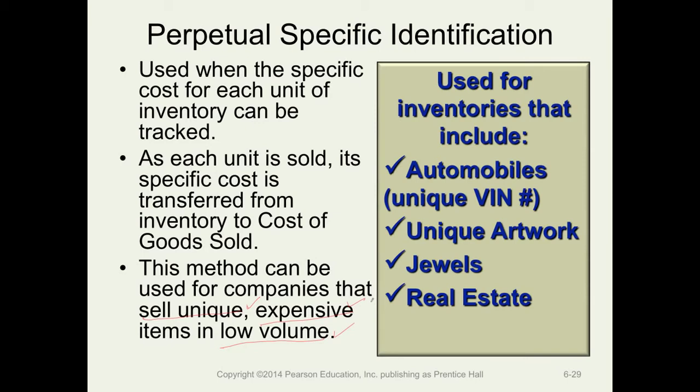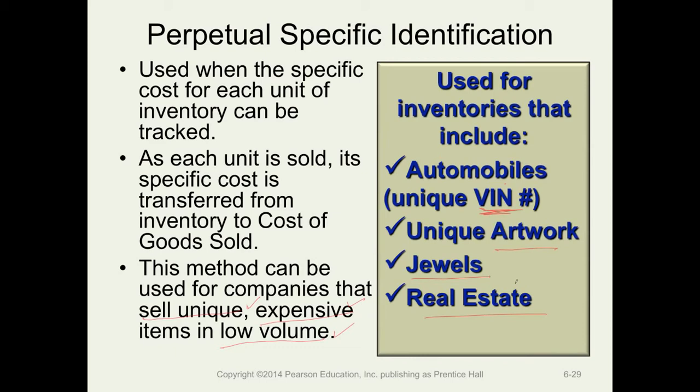So examples would be automobiles. I mean, I can track a vehicle identification number, artwork, jewelry, and real estate. I mean, property, you have lot numbers, right? You have various lot numbers, so you know exactly where that is in the city, and you're able to track it. So specific identification would be simple.